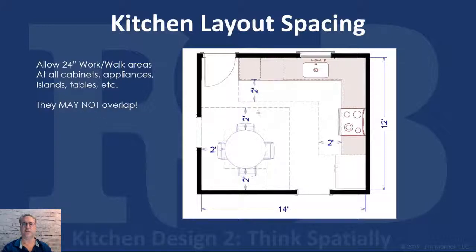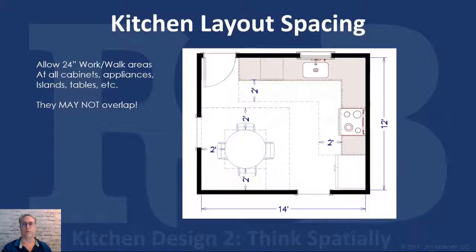If these two spaces bump into each other, that's as close as they can get. If you get closer than 48 inches between a table and a countertop, or an island and a countertop, or a set of cabinets over here and a set of cabinets over here, it's too close. The kitchen will not work.